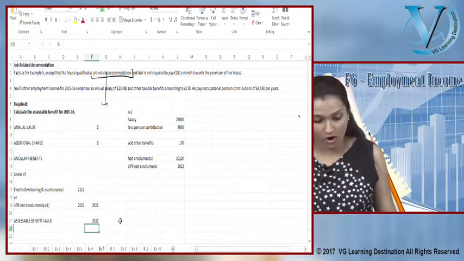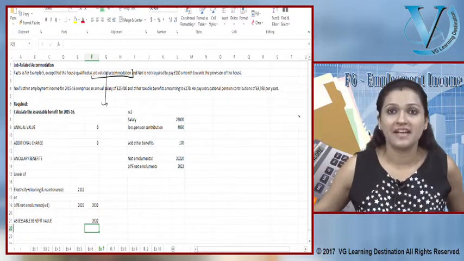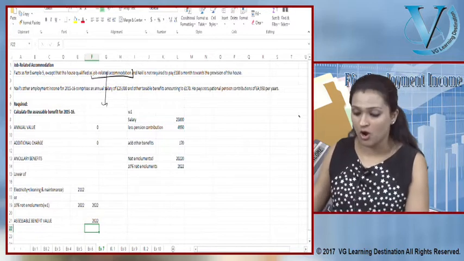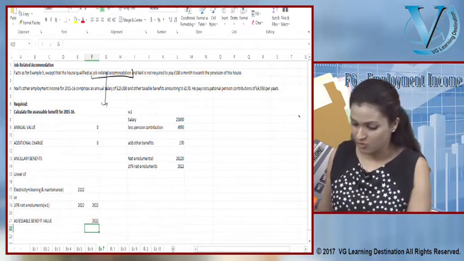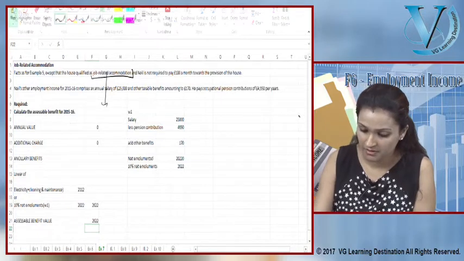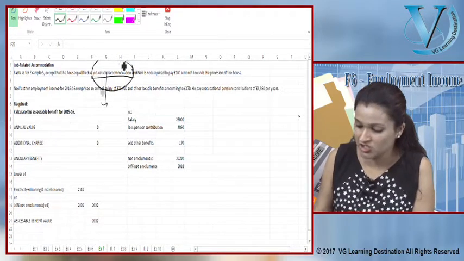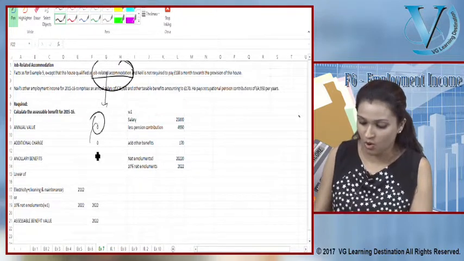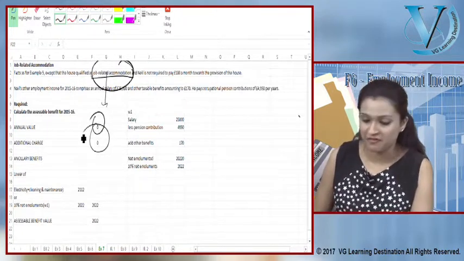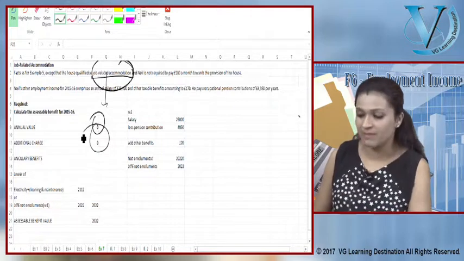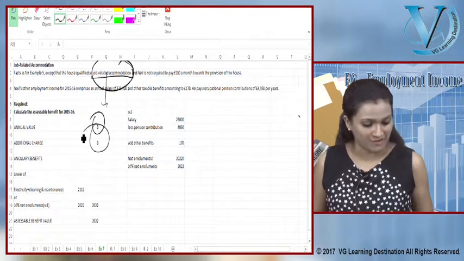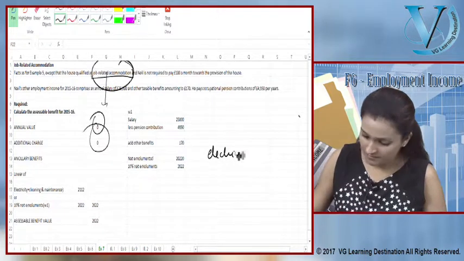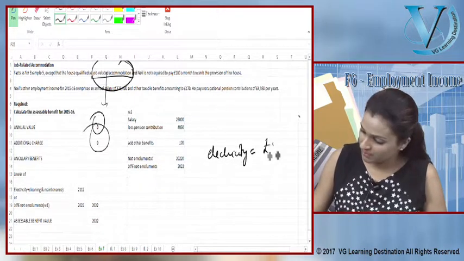Now let's move forward. Right, so let's quickly run through the question again. What we've been told, the accommodation is now a job related accommodation. It's job related accommodation, thus your annual value becomes 0, additional charge becomes 0. What happens to your additional benefits? The ancillary benefits, 4 benefits were told to us. Electricity equals to £540.